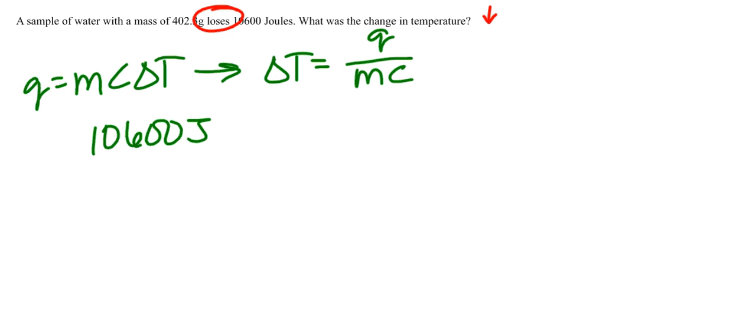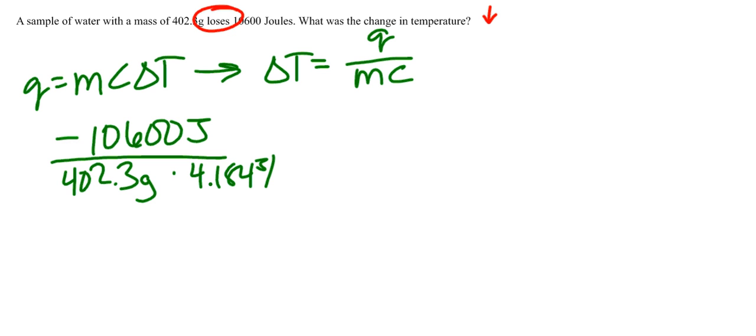It says it loses that many joules, so it's a negative number on top. Okay? And then we have the mass, which is 402.3 grams of water. And I have the heat capacity, which is 4.184 joules per gram degree Celsius.